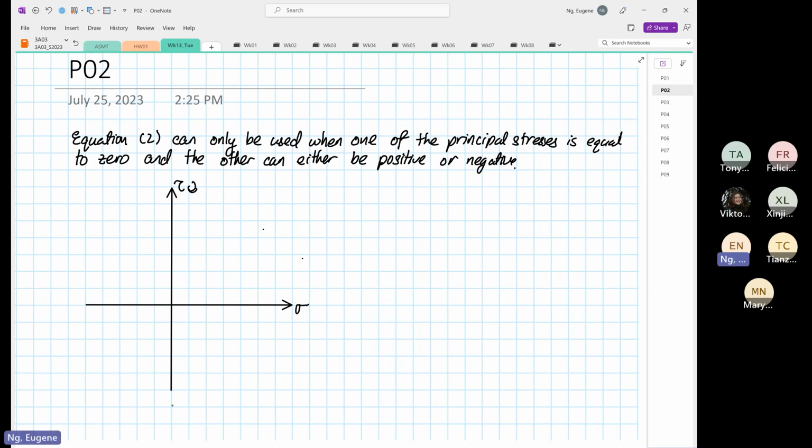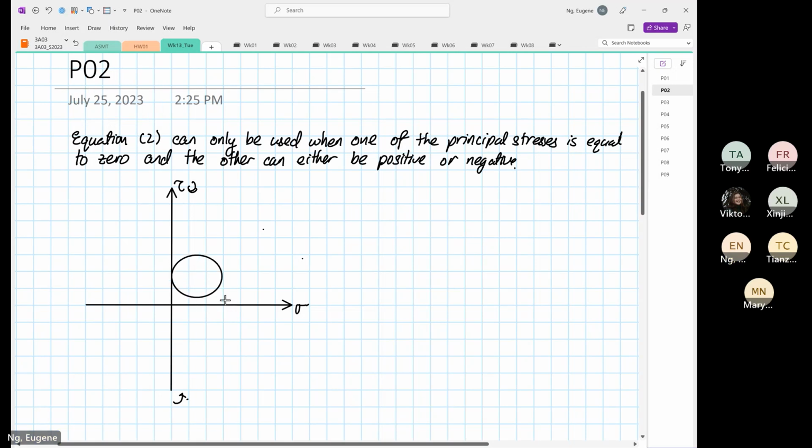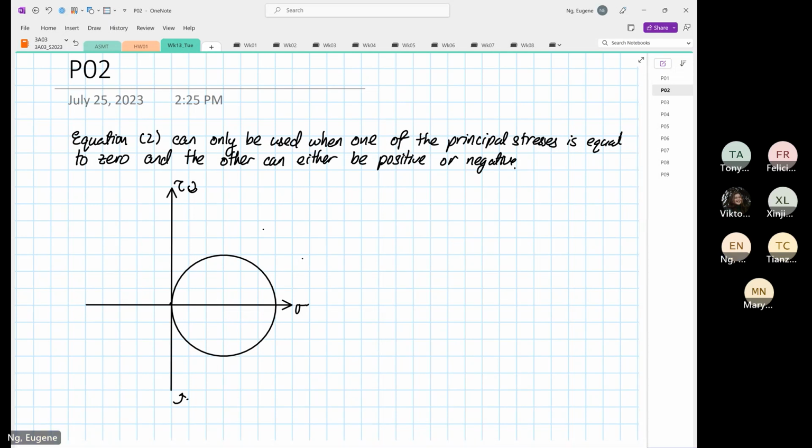Element rotate clockwise, anti-clockwise. So it's when one of the stress value is positive and the other one is equal to 0. So this is 1 or 2. This is your stress A, and this is your stress B.